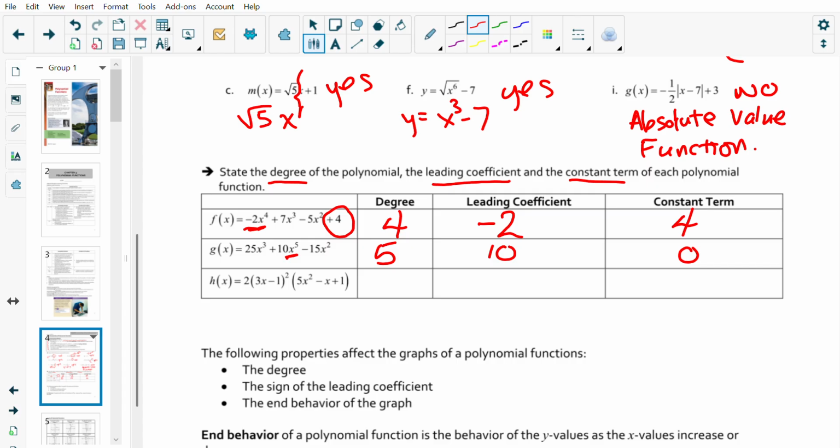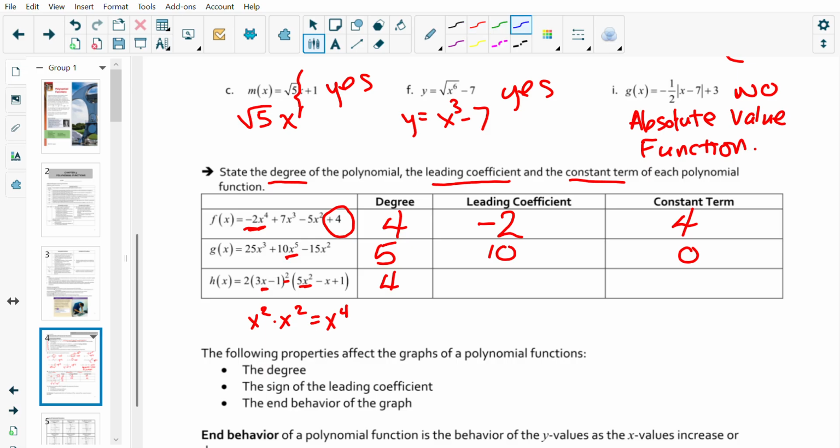Okay. This one, a little trickier, right? If I take this x and I square it, so that's x squared, and I have another x squared here, well, that's x to the 4th, so that's a 4th degree term. Leading coefficient, so I'm just paying attention to this term here now.